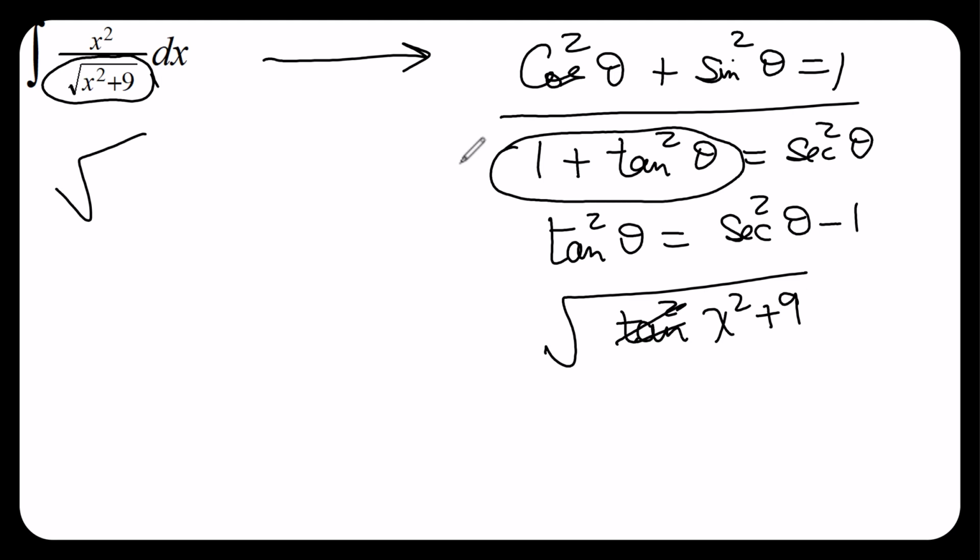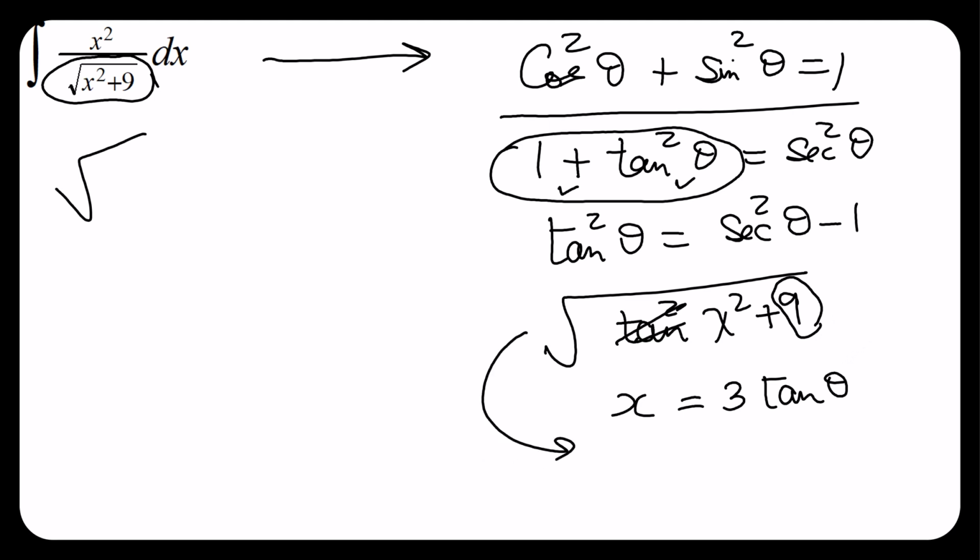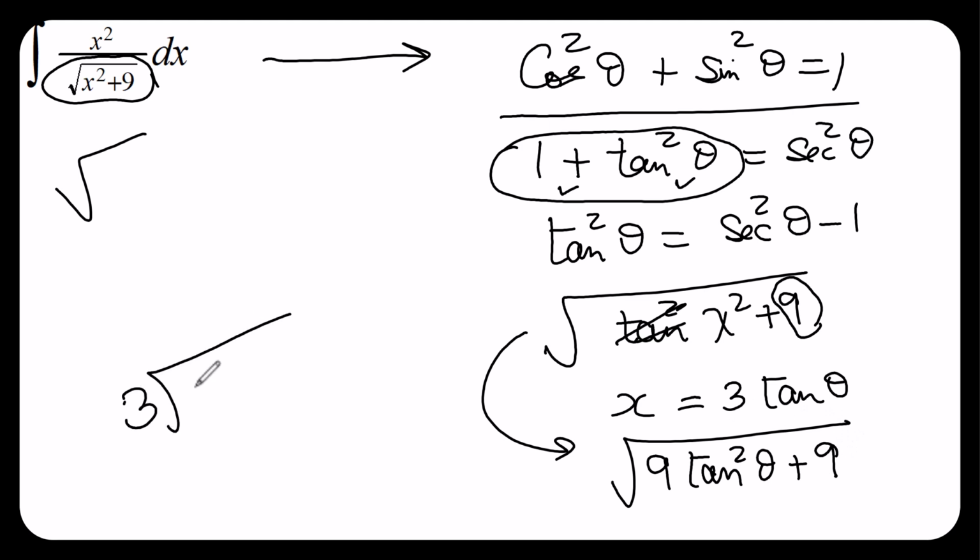But in order to get 1 plus tangent square theta, since we have a 9 here, it will be a good idea to substitute x equals 3 tangent theta in here. Okay, so what will happen now is that this will become 9 tangent square theta plus 9, and that will be 3 times tangent square theta plus 1.